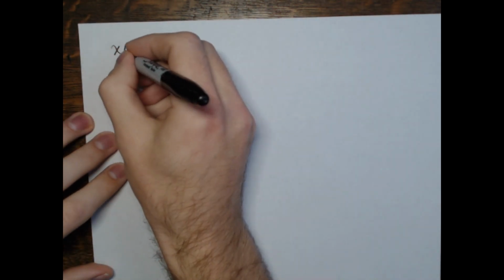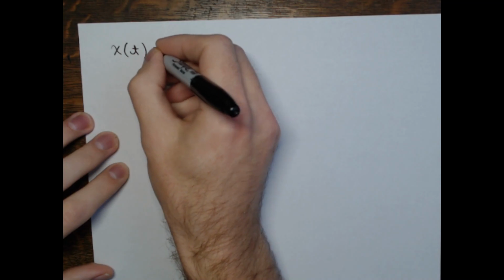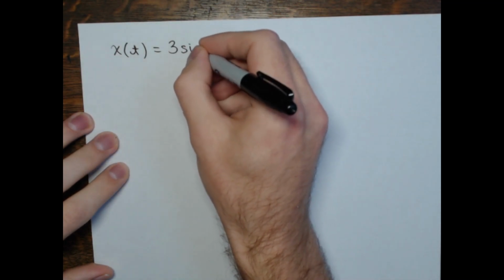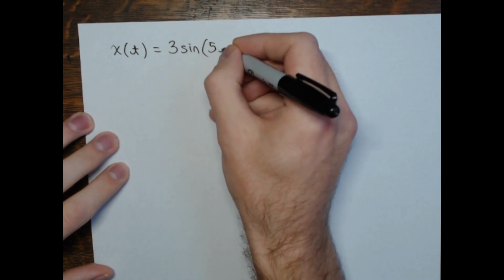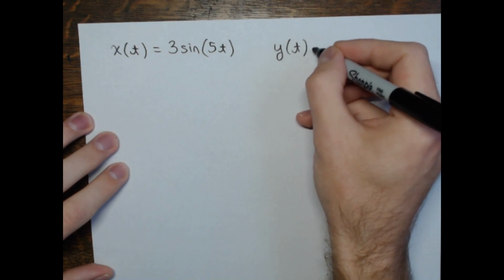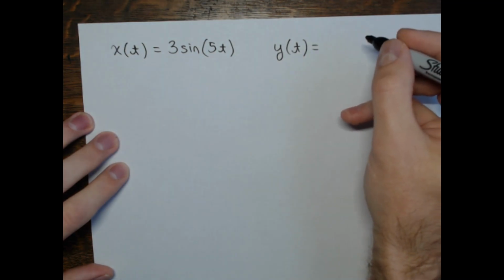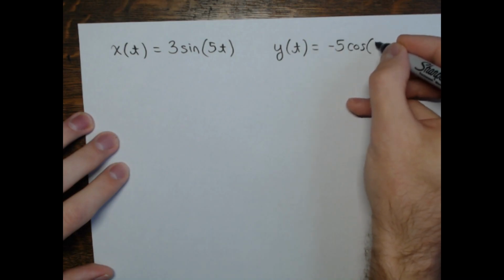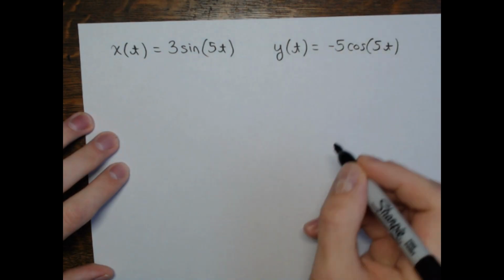All right, so x is 3 times the sine of 5t. And y depends on the parameter t this way. It's negative 5 times the cosine of 5t.